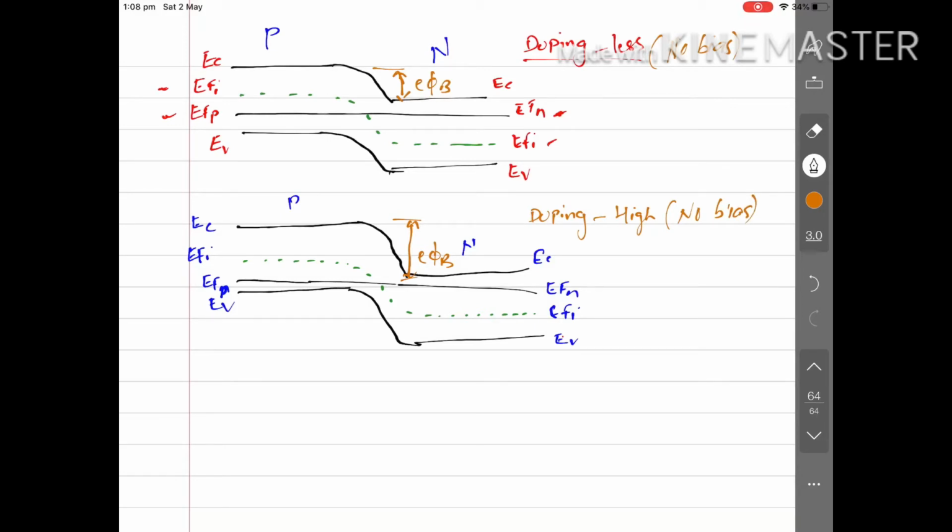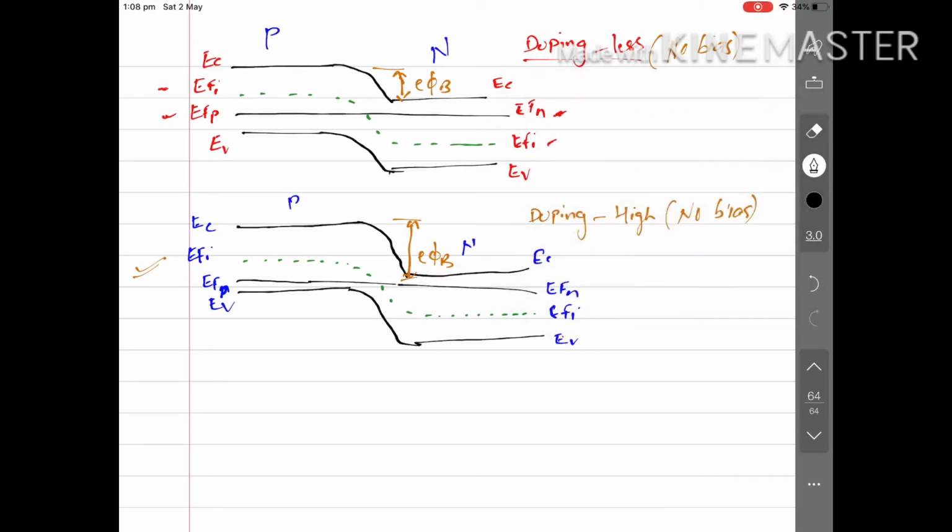Now we'll make one more figure for this Zener diode when there is biasing. We know that a Zener diode works in reverse bias. So let me make another PN junction bending diagram when it is connected to reverse biasing.